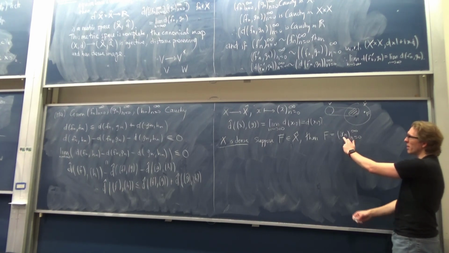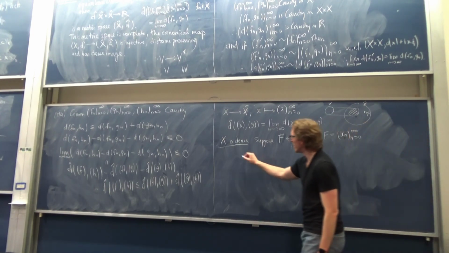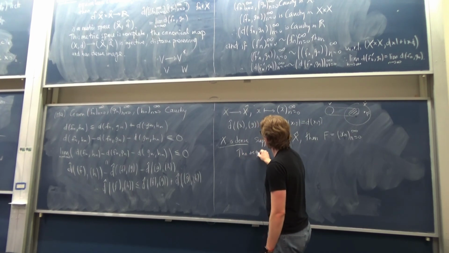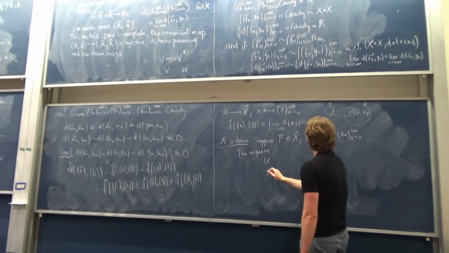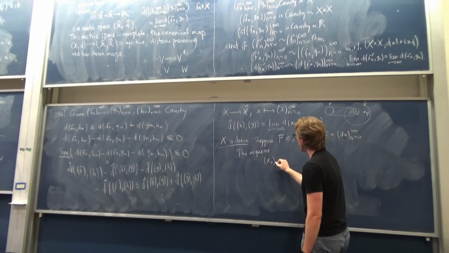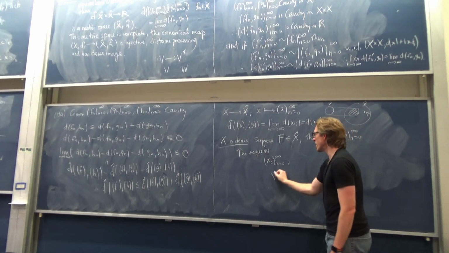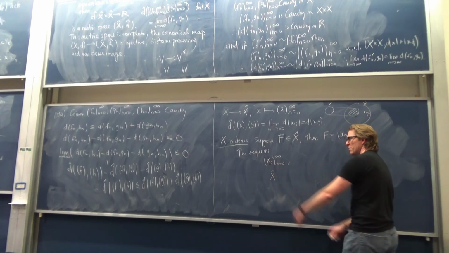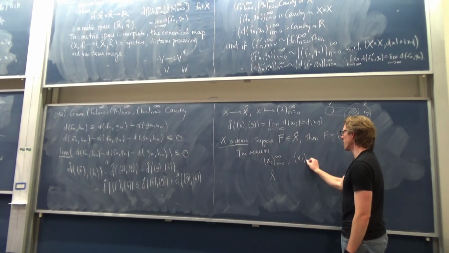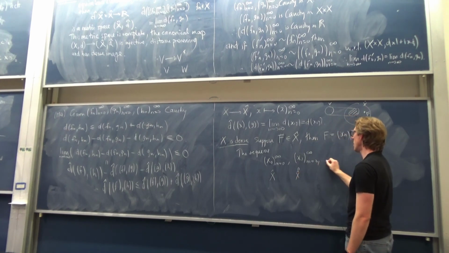All right, so what am I claiming? I'm claiming that the sequence, which is the constant sequence x0, that's a point in x hat, right? That doesn't change, it's a constant sequence. And then I take x1, the constant sequence. That's a Cauchy sequence, it's another point in x hat.